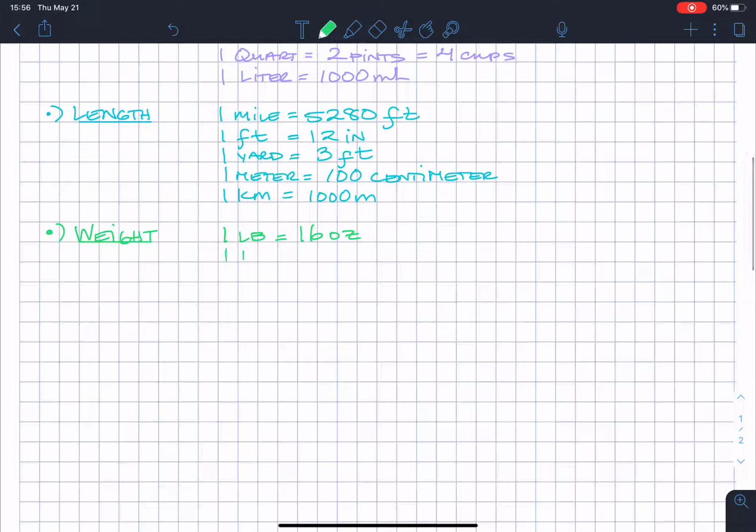So 1 ton, T-O-N, not T-O-N-N-E, because that's a British measurement and it's different. So 1 ton in the US is 2,000 pounds. 1 kilogram is 1,000 grams, kilo being the prefix for 1,000, and that's equivalent to 2.2 pounds.